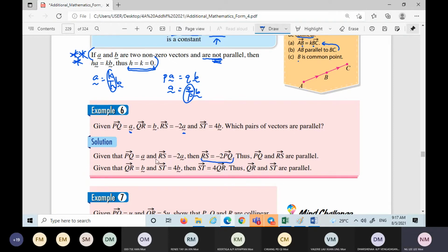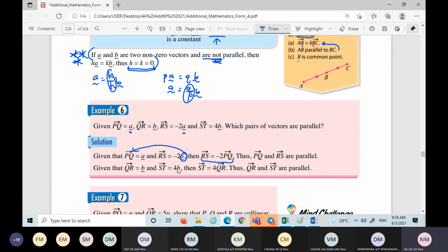You see PQ is A, so you replace the A here with PQ. So RS is equal to negative 2, and instead of writing A, you write PQ. Now you have related RS with PQ with a scalar, then you can say PQ and RS are parallel.